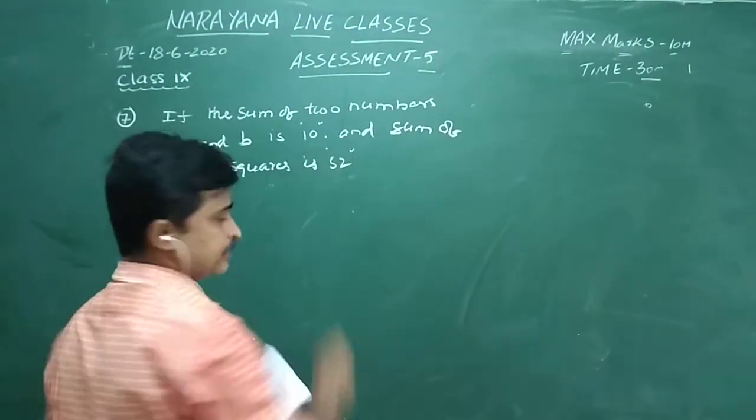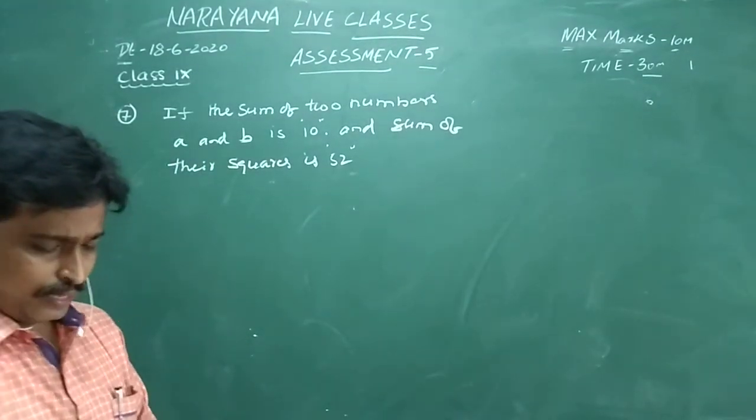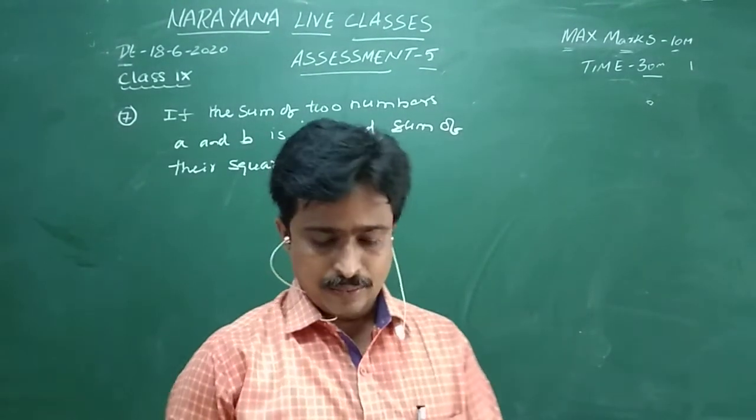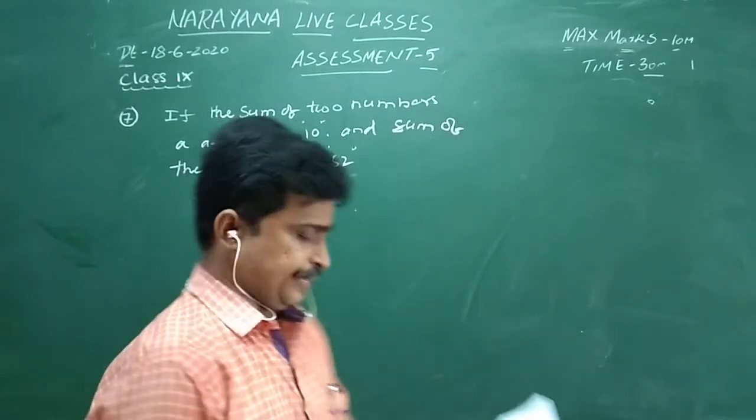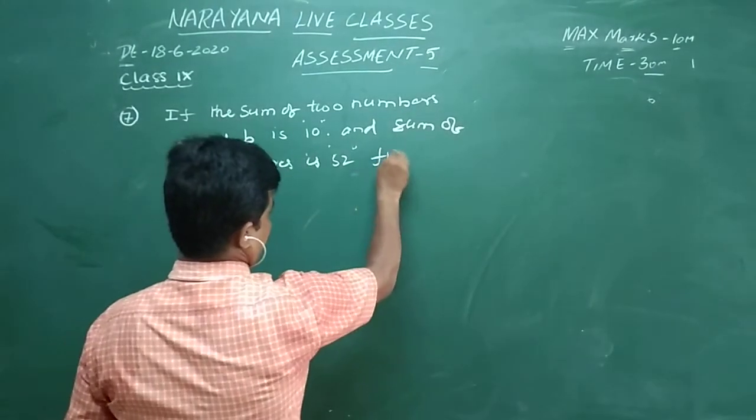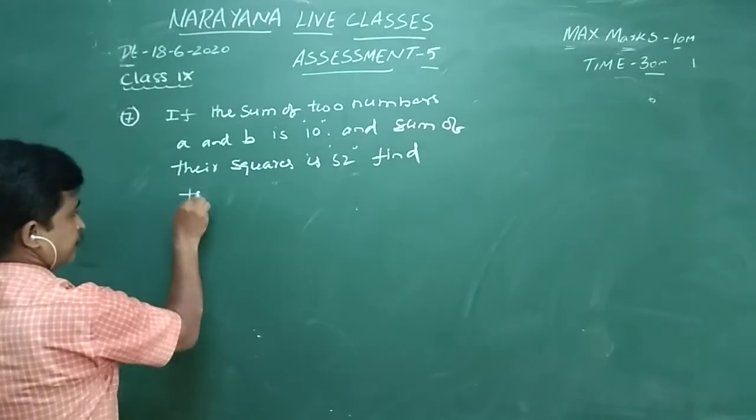Sum of squares means a square plus b square. Then find the product of the numbers.